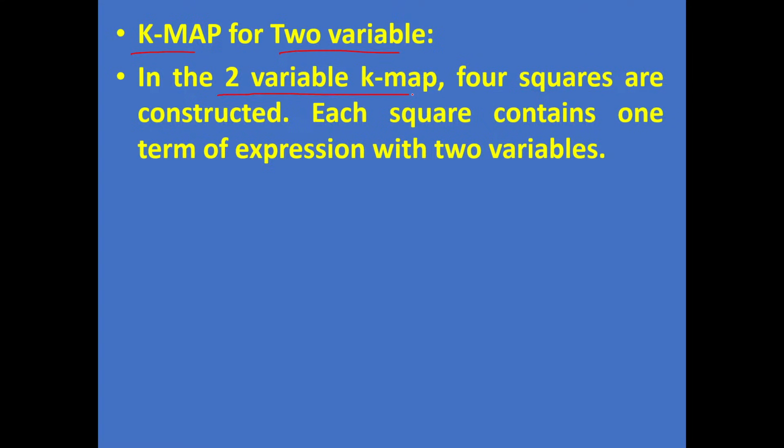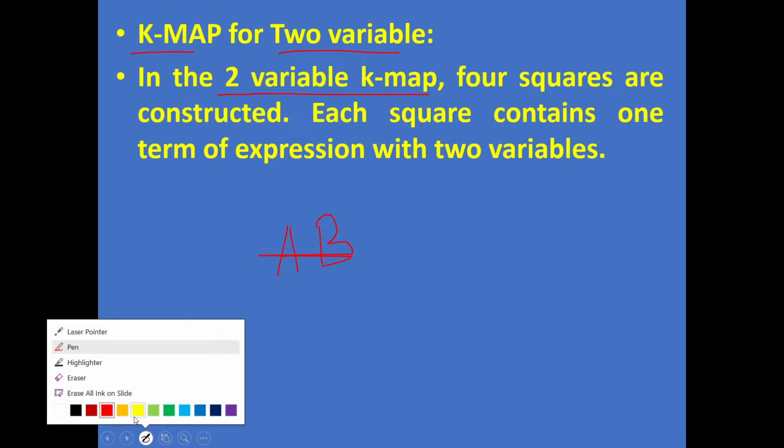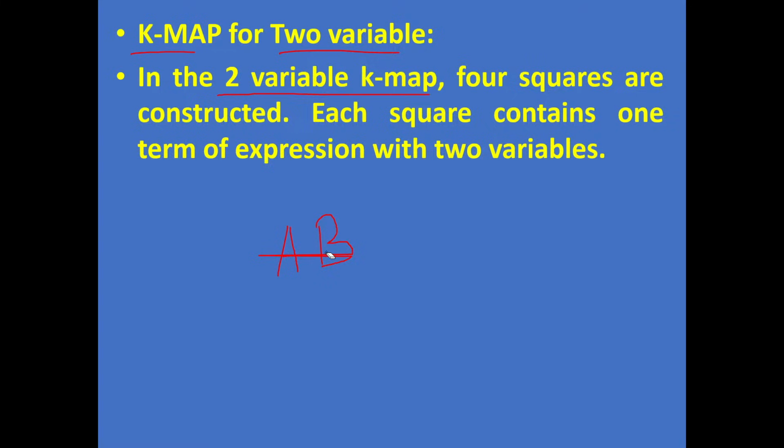Two variables means, let us assume A is one variable, B is another variable. Each variable is represented by only one bit.